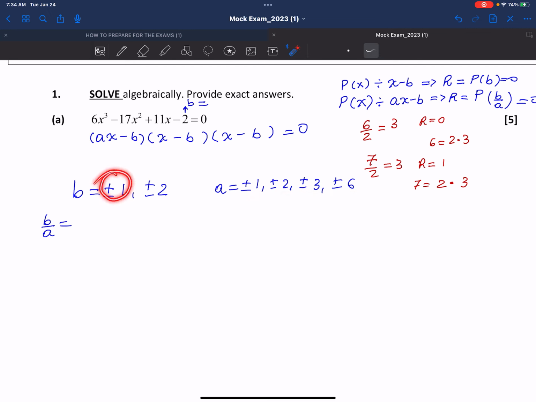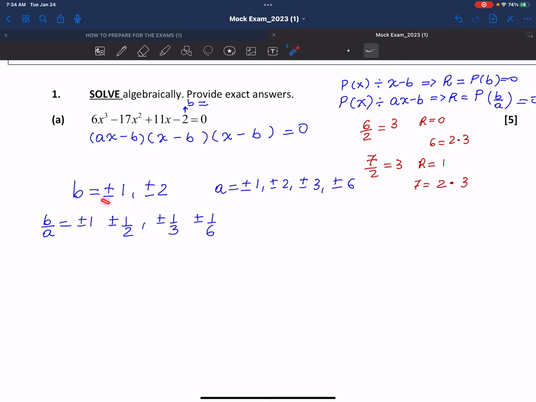Remember, plus minus 1 divided by plus minus 1 is plus minus 1. Plus minus 1 divided by plus minus 2 is plus minus a half. Plus minus 1 divided by plus minus 3 is plus minus 1/3. And plus minus 1 divided by plus minus 6 is plus minus 1 over 6.